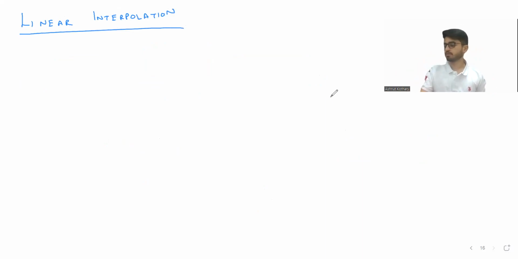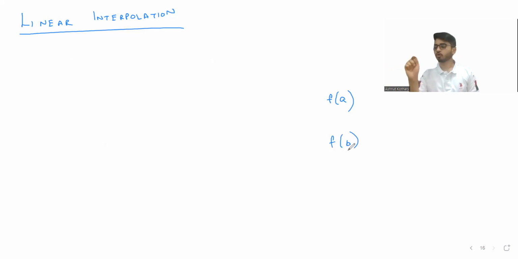Say we know the value of a function at point A and we know the value of the function at point B. We do not know the exact form of the function. All we know is, let's say, fa is equal to x1 and fb is equal to x2. Using these data points, we need to find an approximate value of, let's say, fc.